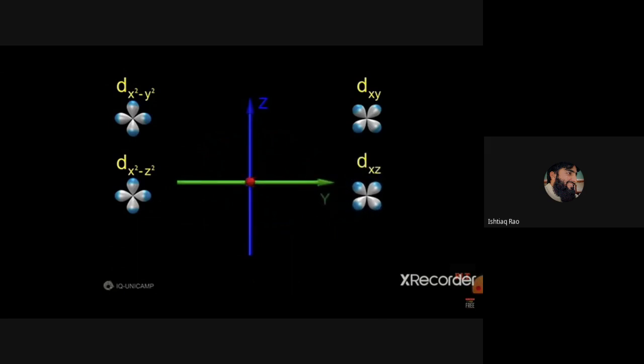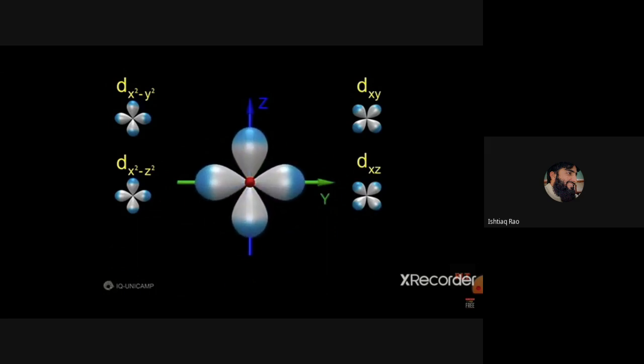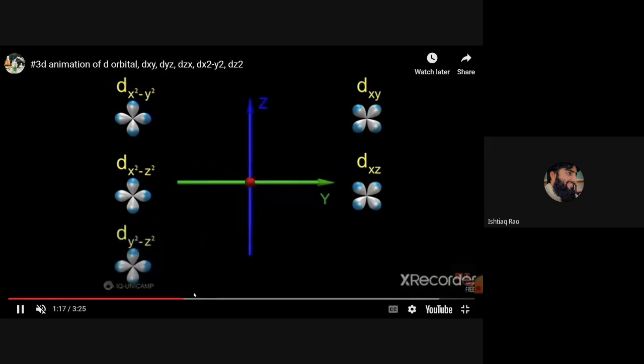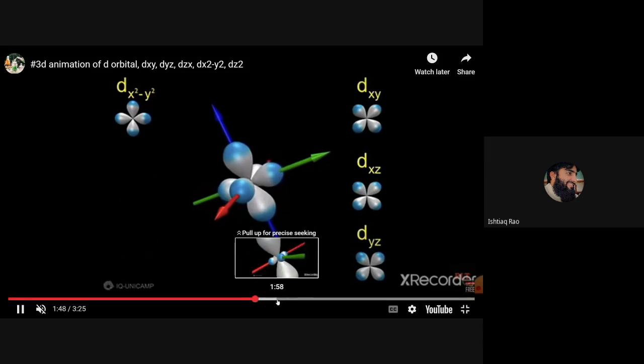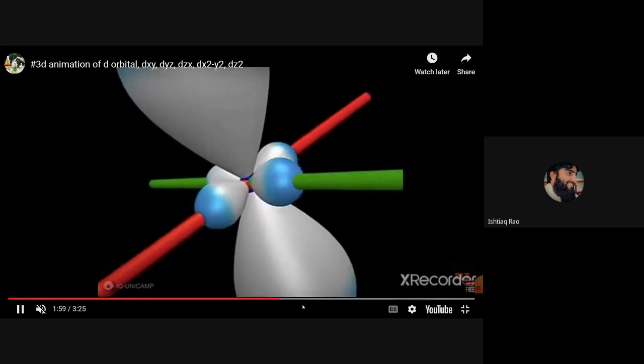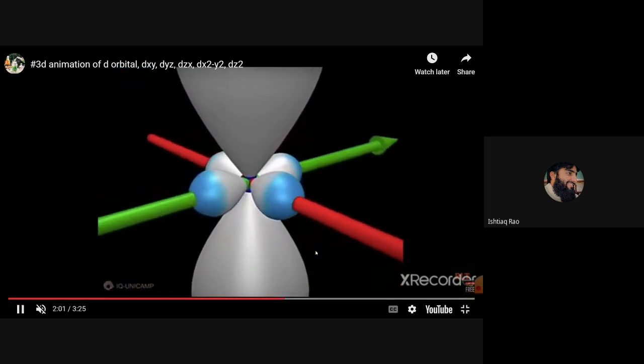So this is how d orbitals are: some are between the axes and some are on the axes. Different modes, basically, it's just like that.